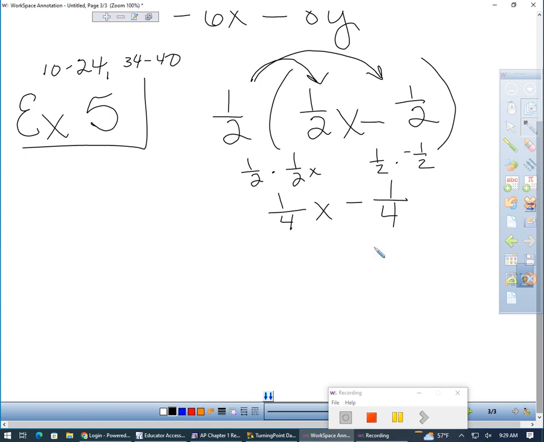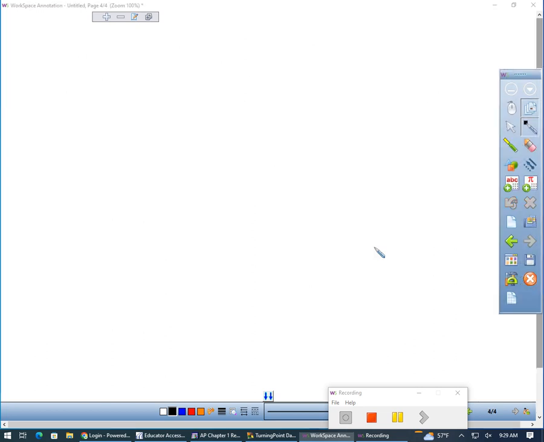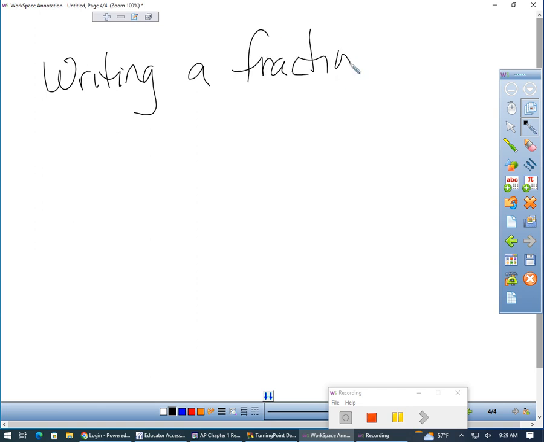You can also take that same distributive property and tear it apart, like put it backward, go in the other order, so to speak. So what I want to talk about is writing a fraction in distributive form.